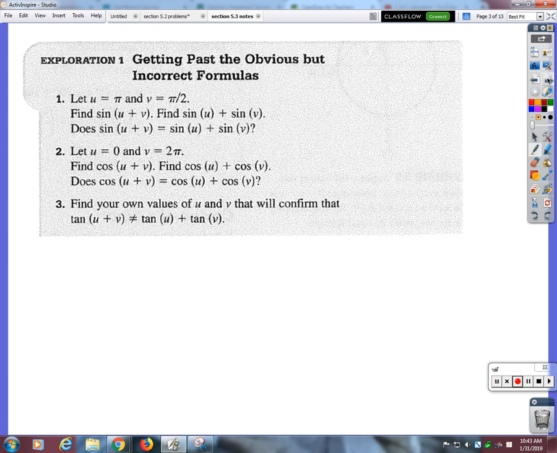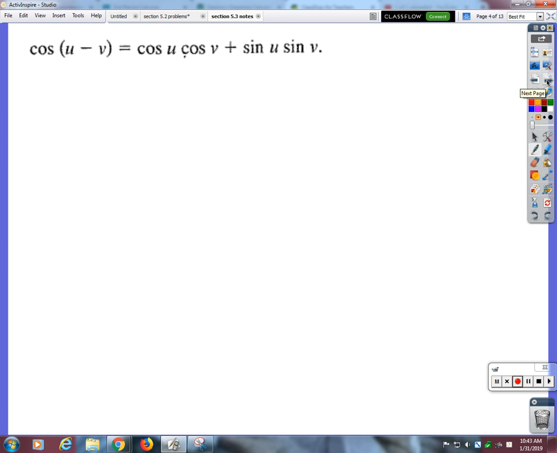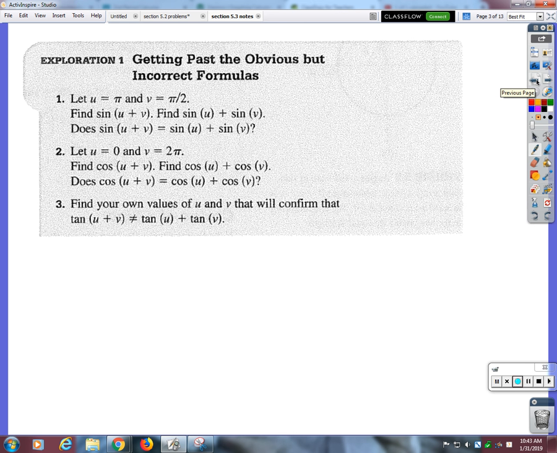Sadly, if you want to find the cosine of two angles being subtracted, you don't just find the cosine of each and then subtract those answers.